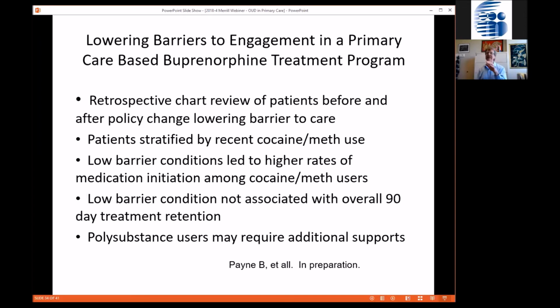Unfortunately, we didn't find an overall increase in treatment retention if you looked at 3 months down the line. So what we are concluding is we can get people in, but these people may need additional supports, and we are working on that going forward. So it's an example of how policy might change as a result of what practices you do and what you see in your program.